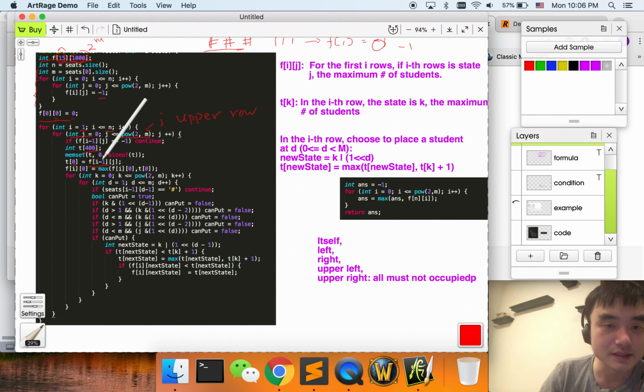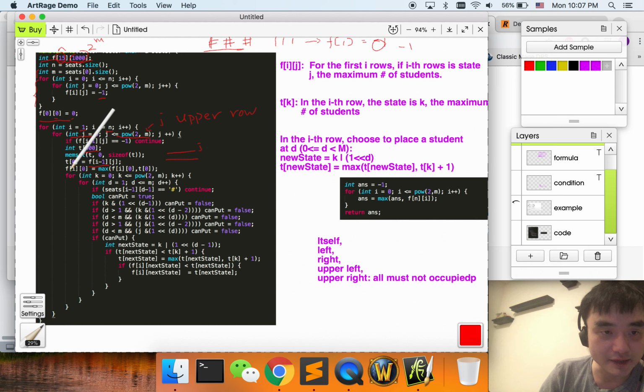So if we don't put any student in the current row and the upper row's state is j, we can directly put the maximum number of students of the state j into T0, right?